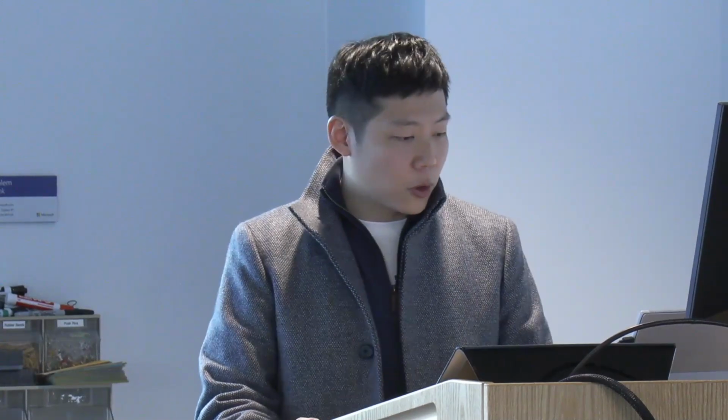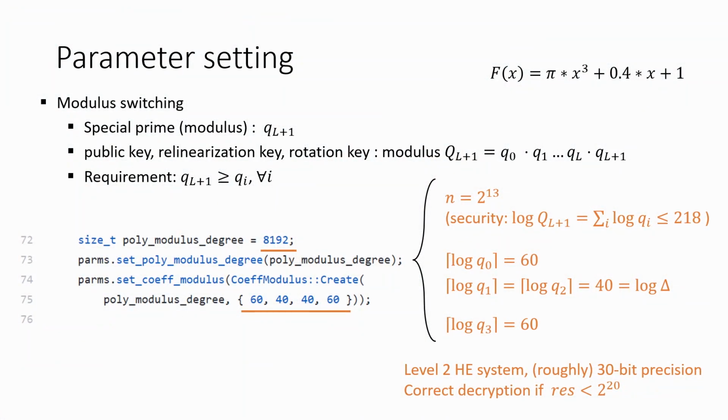Here, the bit sizes of Q1 and Q2 are 40, so that they are approximately equal to the scaling factor delta, 2 to the 40. And Q0 is a 60-bit prime, so that we can decrypt the ciphertext correctly as long as the computation result is smaller than 2 to the 20.